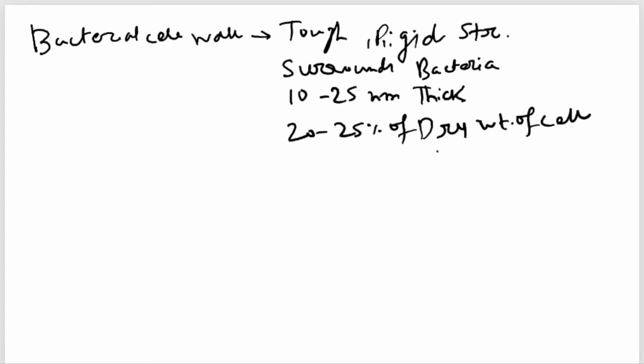So this is the basic bacterial cell wall introduction. Bacterial cell wall is a tough and rigid structure which surrounds the bacteria. It is around 10 to 25 nanometer thick, and it is 20 to 25% of the dry weight of a bacterial cell.